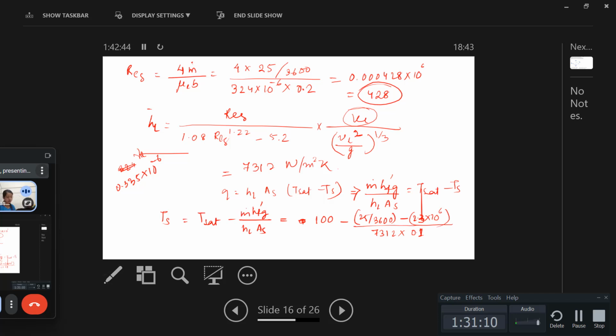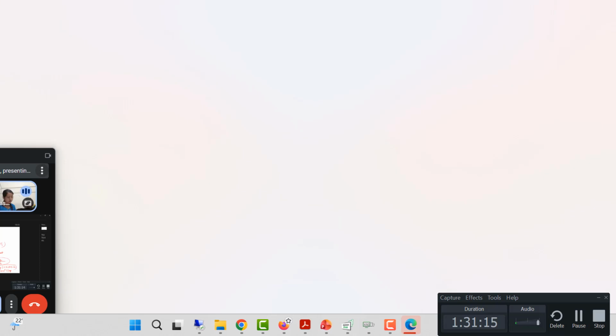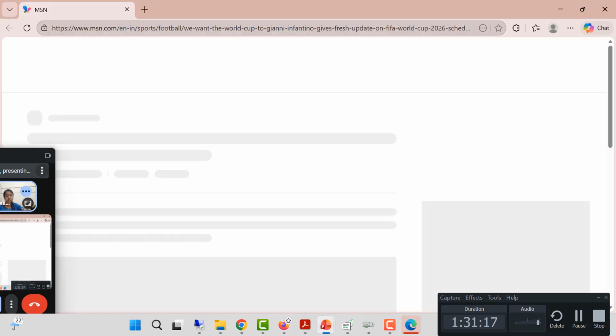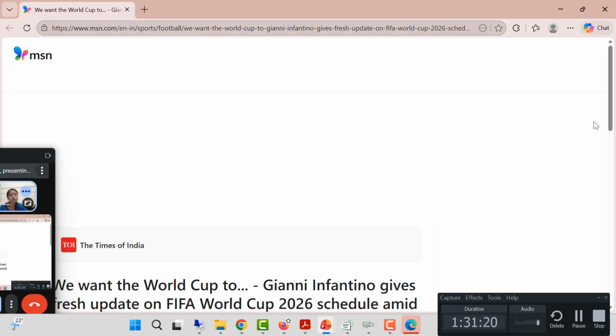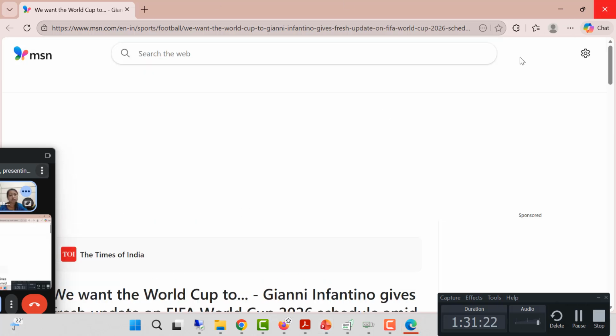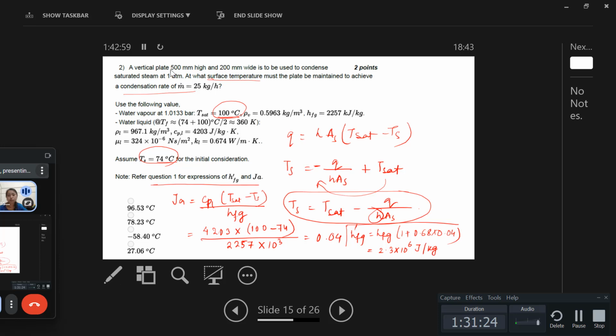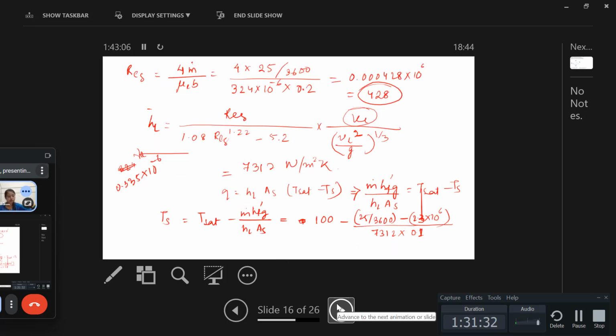Area is 0.1 because it is 0.5 into 0.2, that is 0.1. So again, if we calculate this whole thing, we get the temperature as 78 degrees Celsius. So this should be the answer.